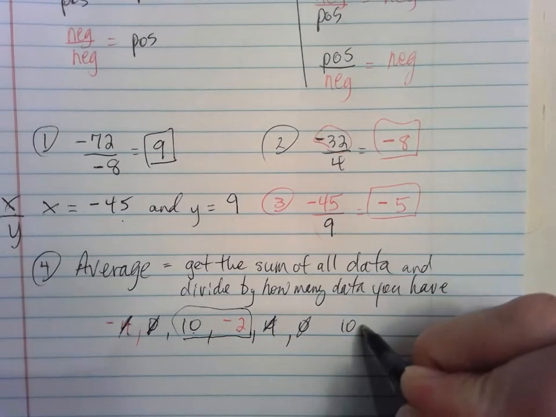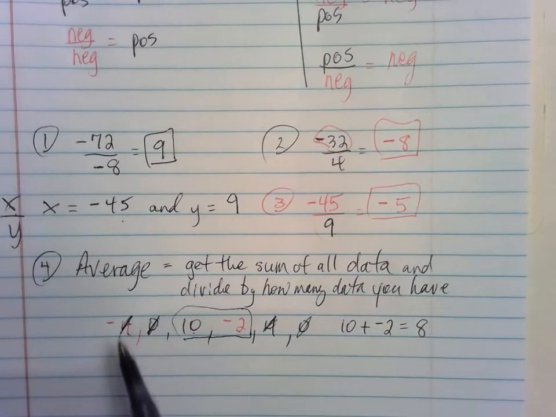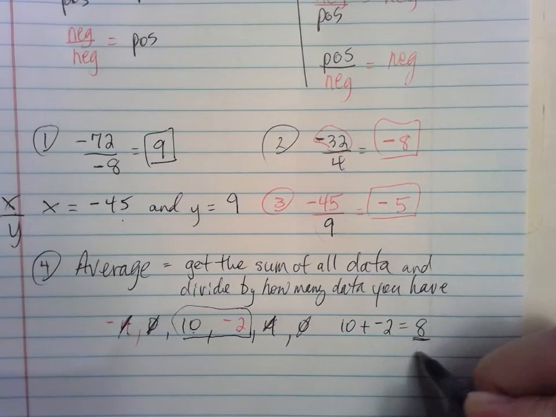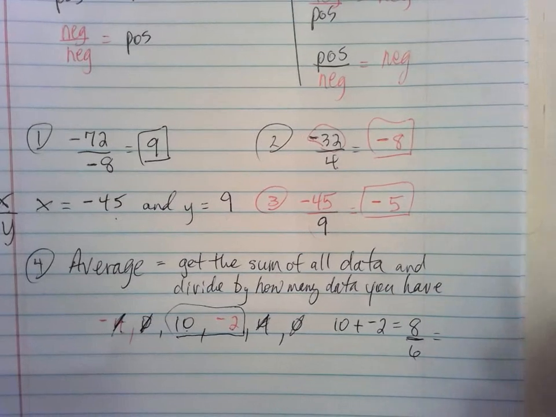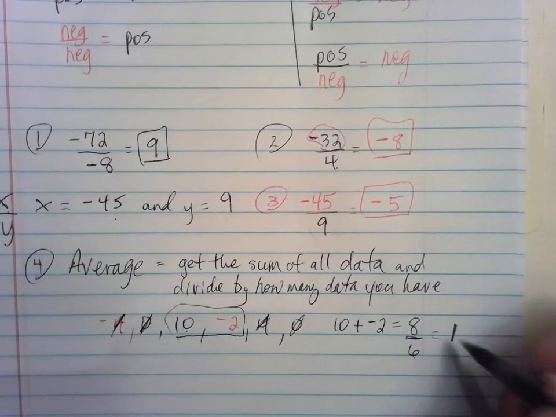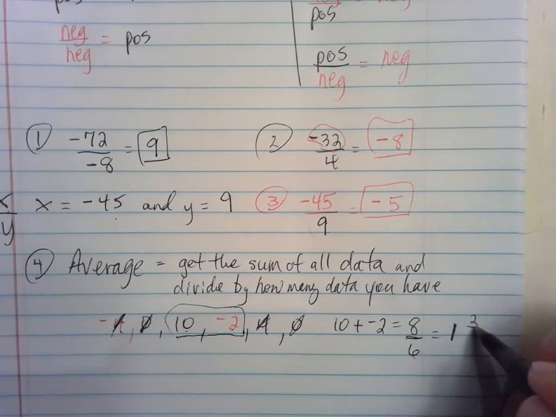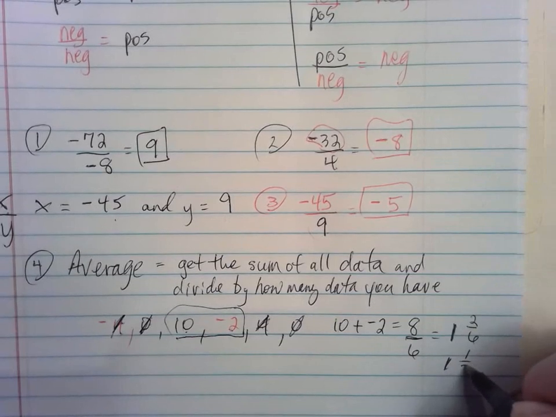So 10 plus negative 2 is 8. And we've got 1, 2, 3, 4, 5, 6. So 8 divided by 6. And so 6 would go in there one time. And then you would have 2 left over, so that'd be 1 and 2/6, which you could reduce to 1 and 1/3.